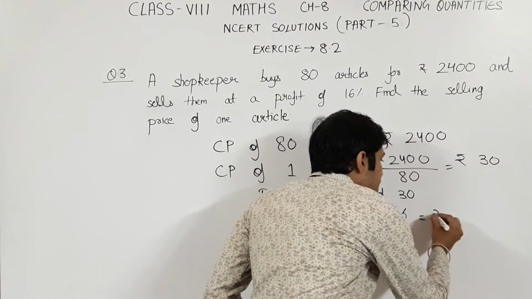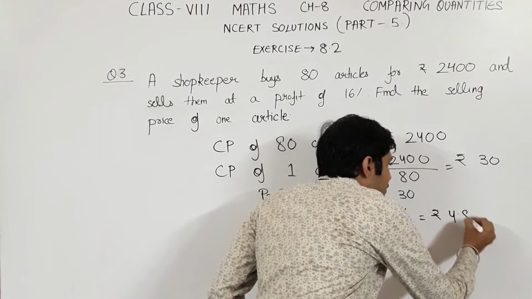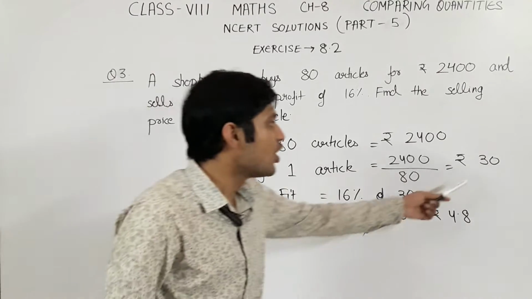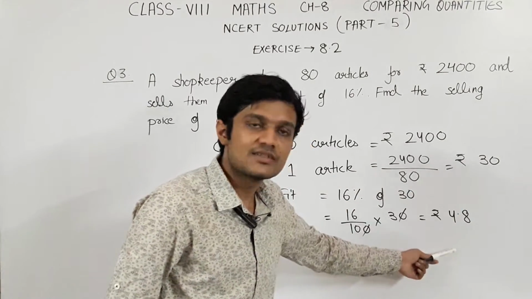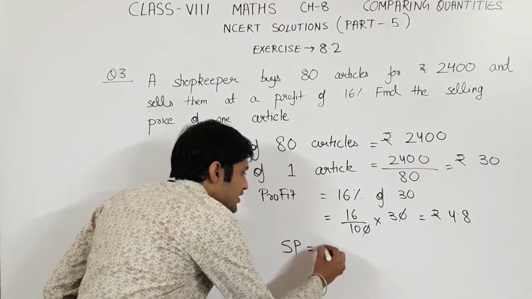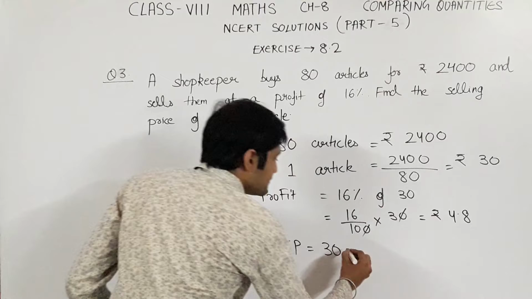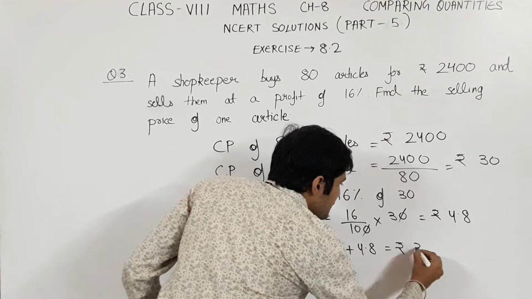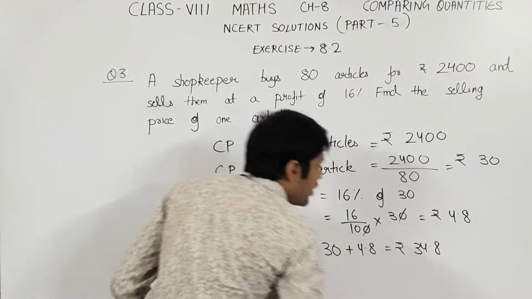So that will be rupees 4.8. Now selling price is what? Cost price plus profit earned. So selling price of the article will be 30 plus 4.8, that will be rupees 34.8.